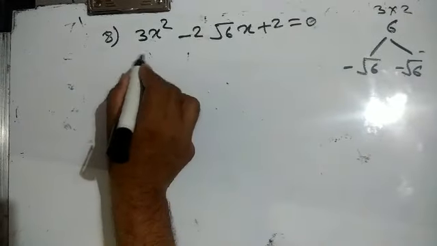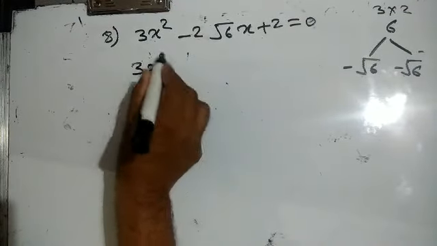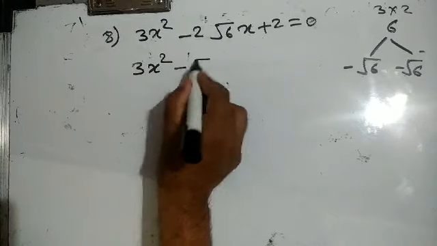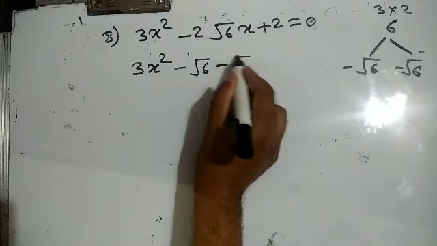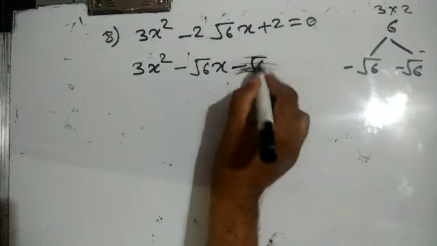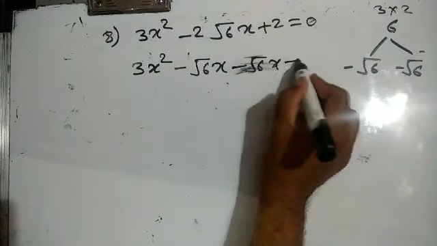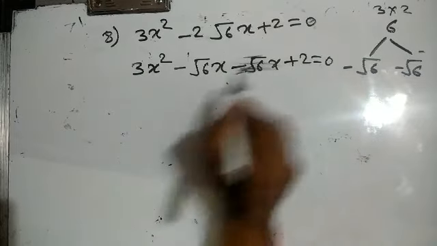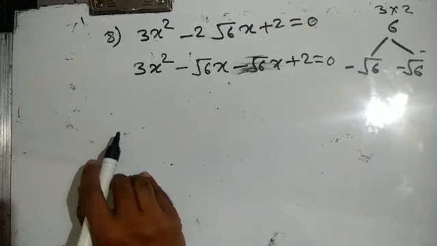Therefore, we can write here 3x² minus √6x minus √6x plus 2 is equal to 0.